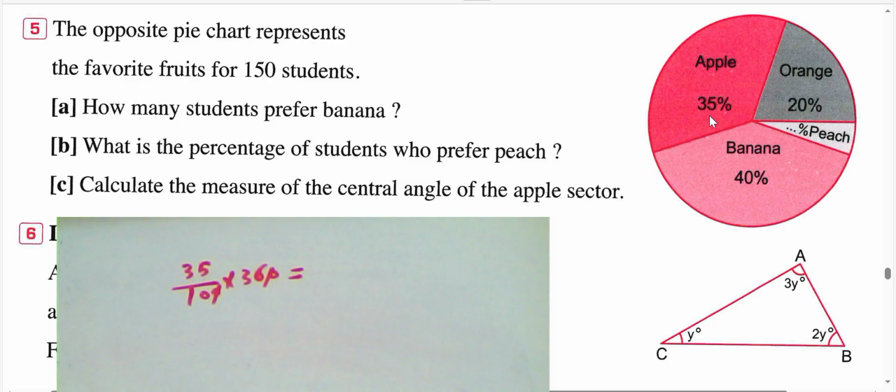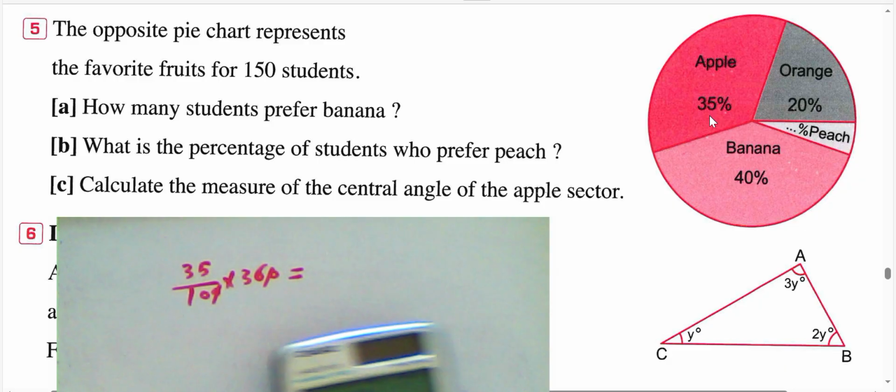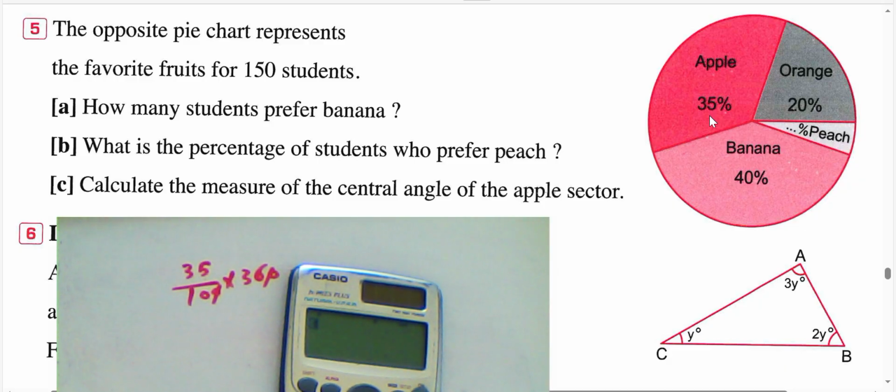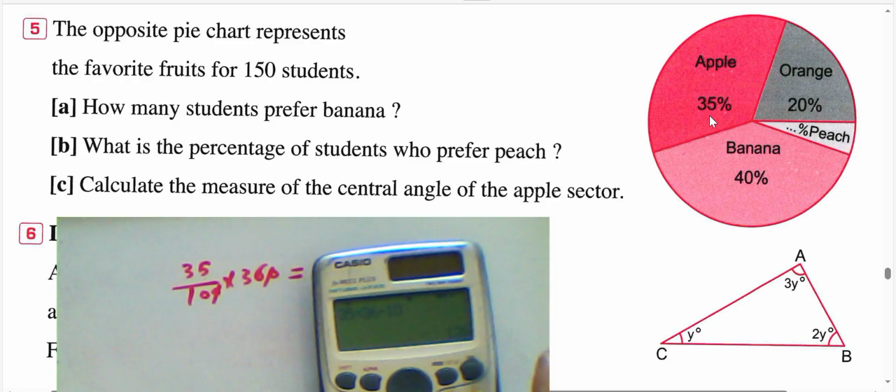Again 35 times 36 divided by 10 equal 126 degrees.